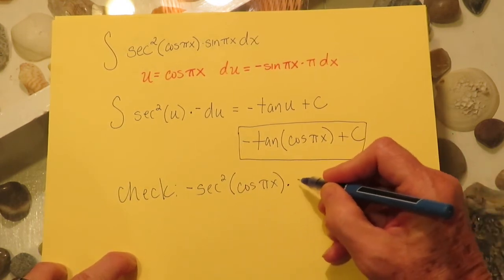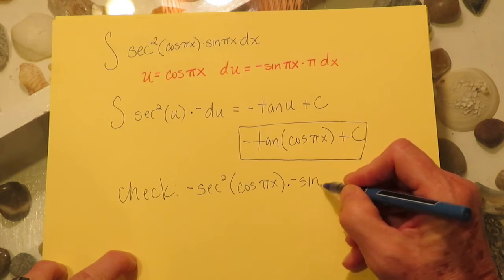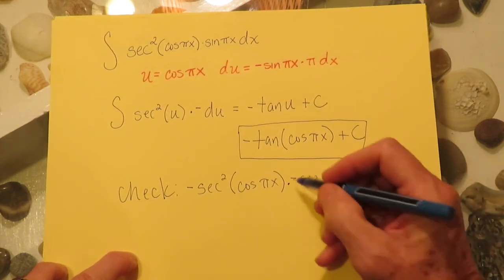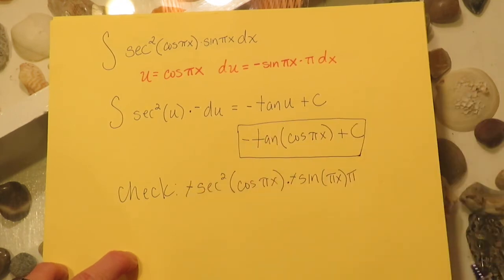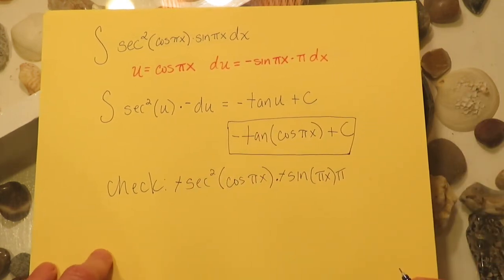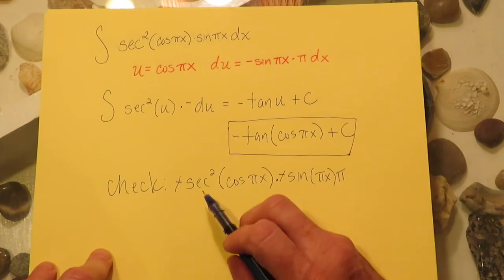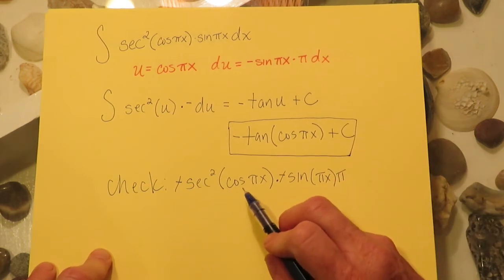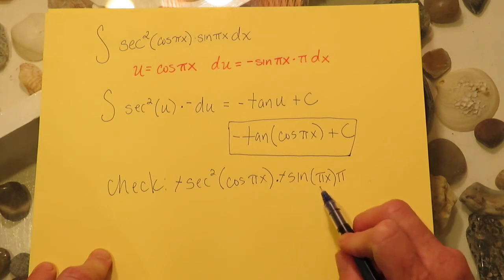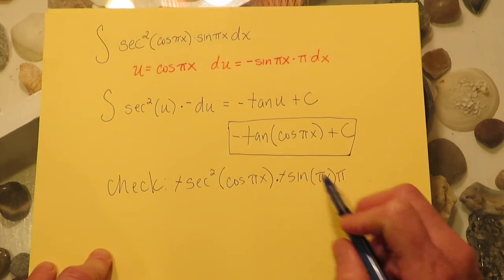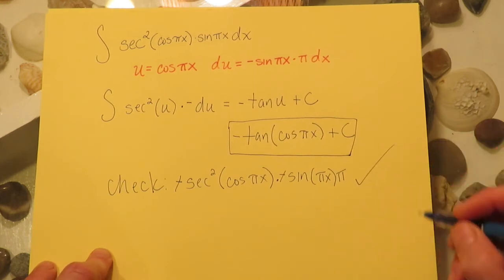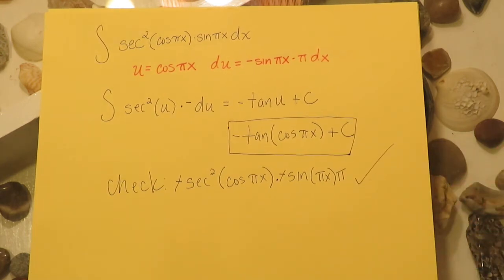Then the chain rule says multiply by the derivative of the inside function, and this negative and that negative will cancel out, or they'll multiply together to equal 1. So then I get secant squared of cosine of pi x times sine of pi x times pi, and that's exactly what we started with up here. So yay, we've correctly found the antiderivative.